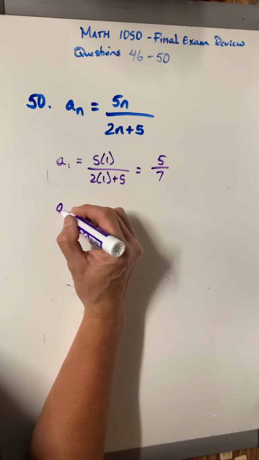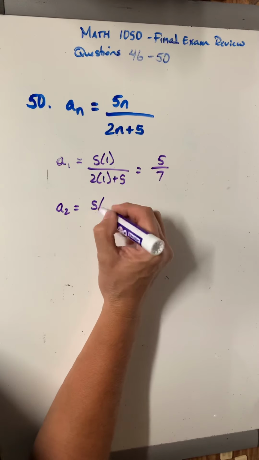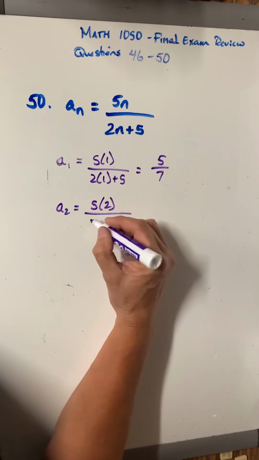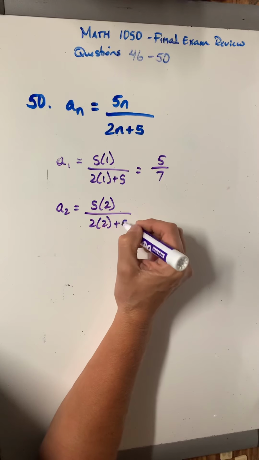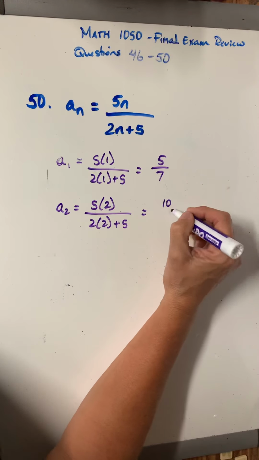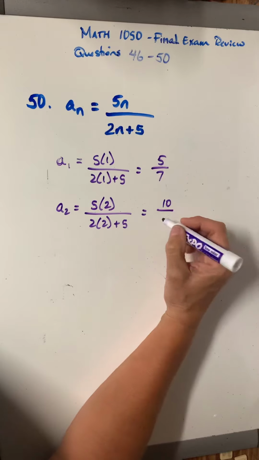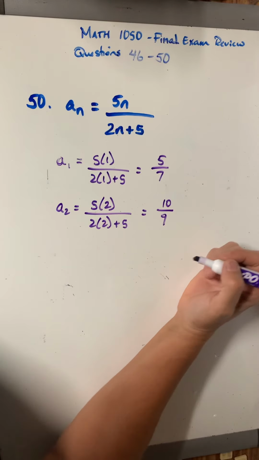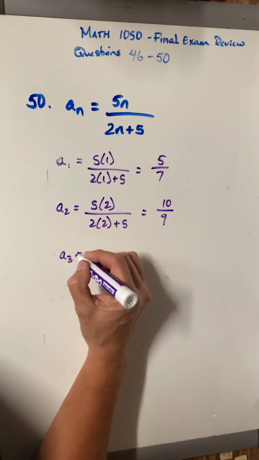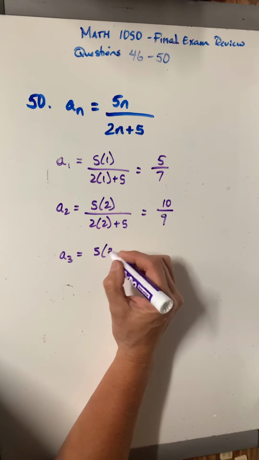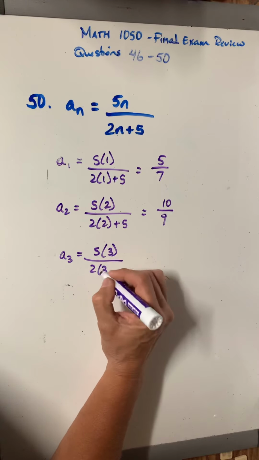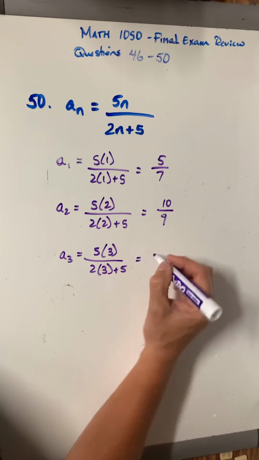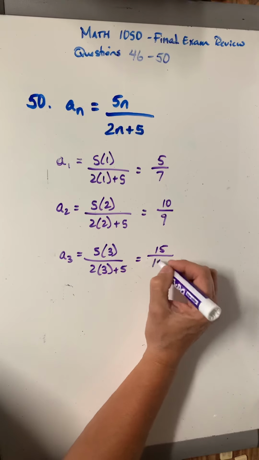That's my first term. My second term, n is going to be 2. So I get 10 over 4 plus 5 is 9. My third term, 5 times 3 over 2 times 3 plus 5 is 15 over 11.